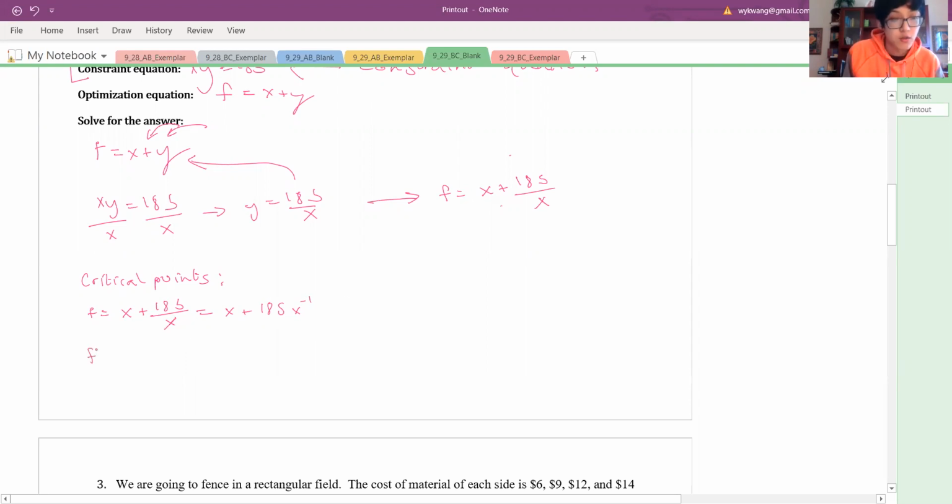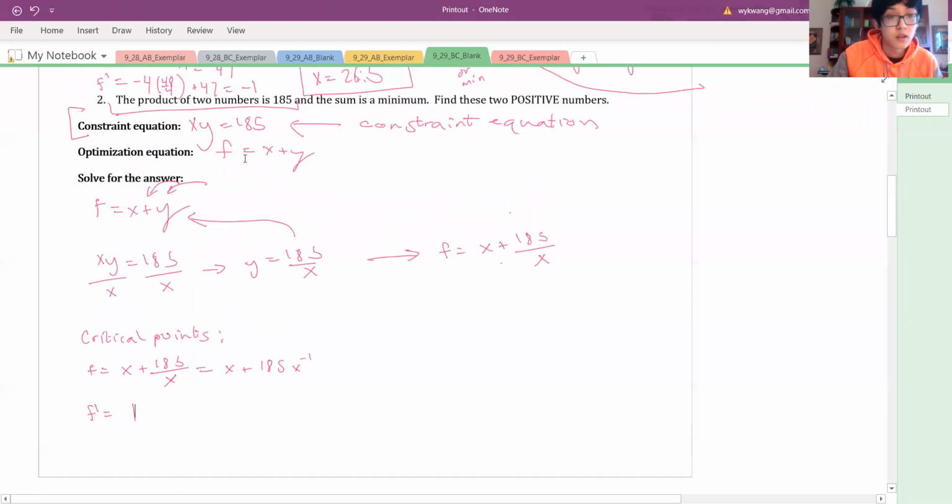Now if I want to do power rule, f prime is equal to 1, right? The derivative of x is 1. And then, x plus y.